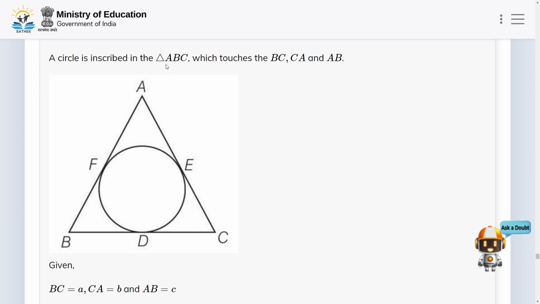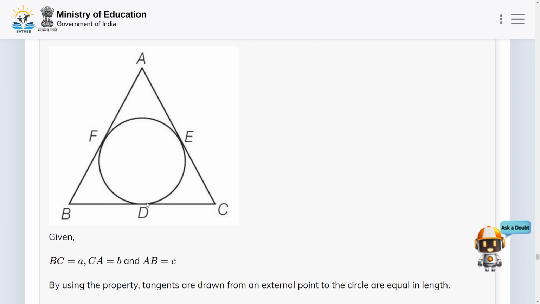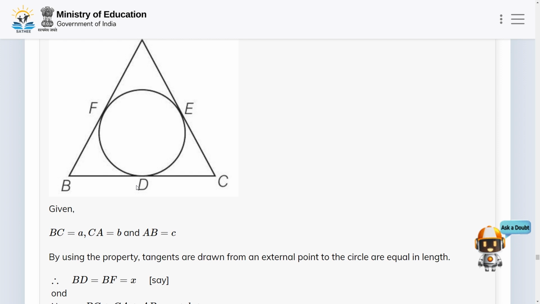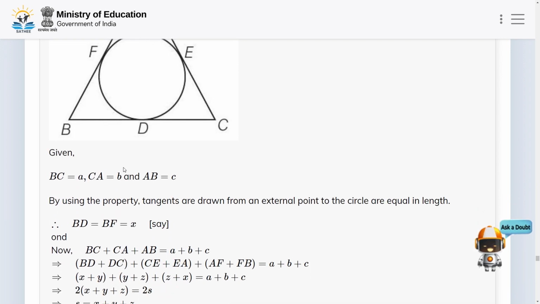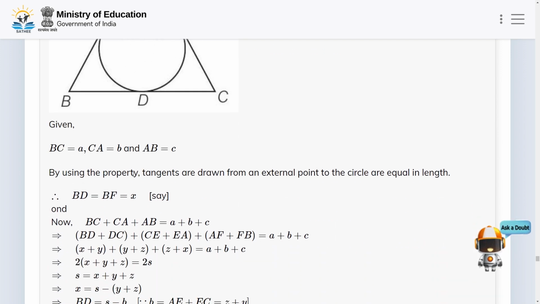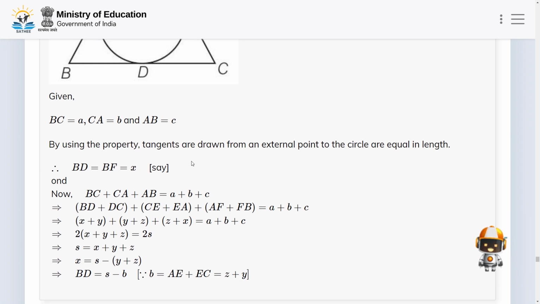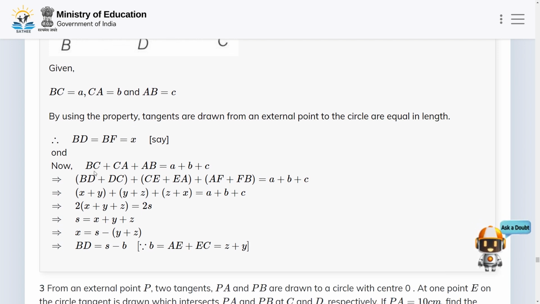This is the figure where a circle is inscribed in the triangle ABC, which touches BC, CA, and AB at points D, E, and F respectively, and given BC is equal to a, CA is equal to b, and AB is equal to c. By the property that tangents drawn from an external point to a circle are equal in length, BD is equal to BF, say x. Now BC plus CA plus AB is equal to a plus b plus c, which implies BD plus DC plus CE plus EA plus AF plus FB is equal to a plus b plus c.